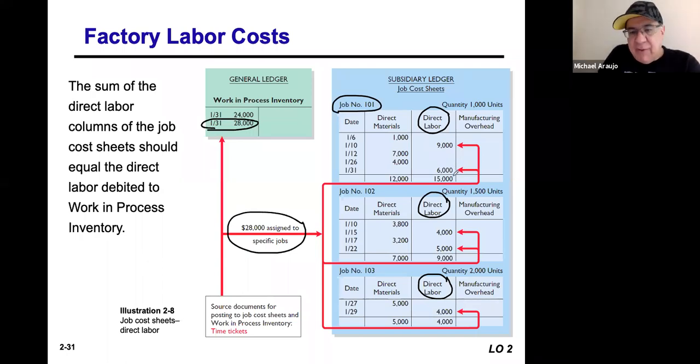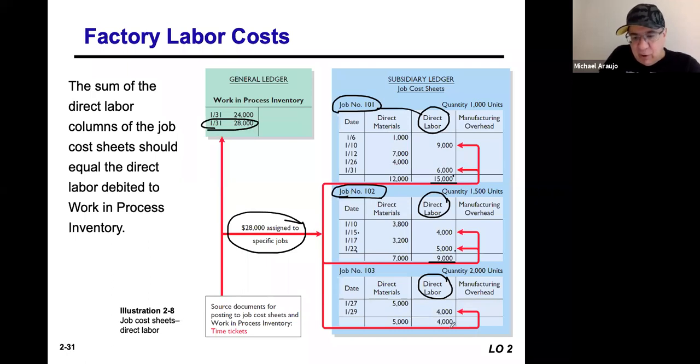And so $15,000 of the $28,000 are assigned to job number 101 for direct labor. Job number 102 had a $4,000 direct labor entry on the 15th and $5,000 on the 22nd. So $9,000 of the $28,000 has been assigned to job number 102 for direct labor.